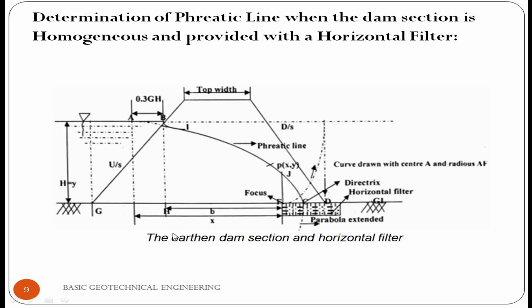Calculate the equation of the parabola. The equation of the parabola can be determined from its focus, with the distance of point P(x, y) from a line called the directrix.